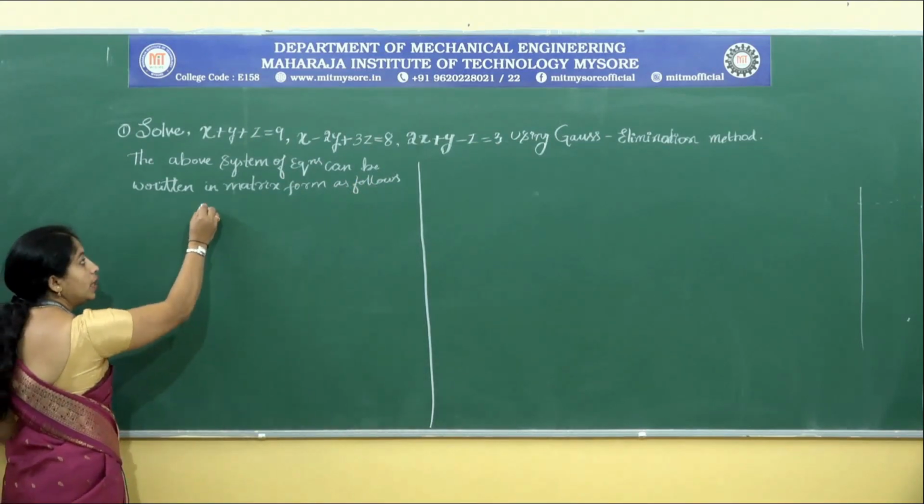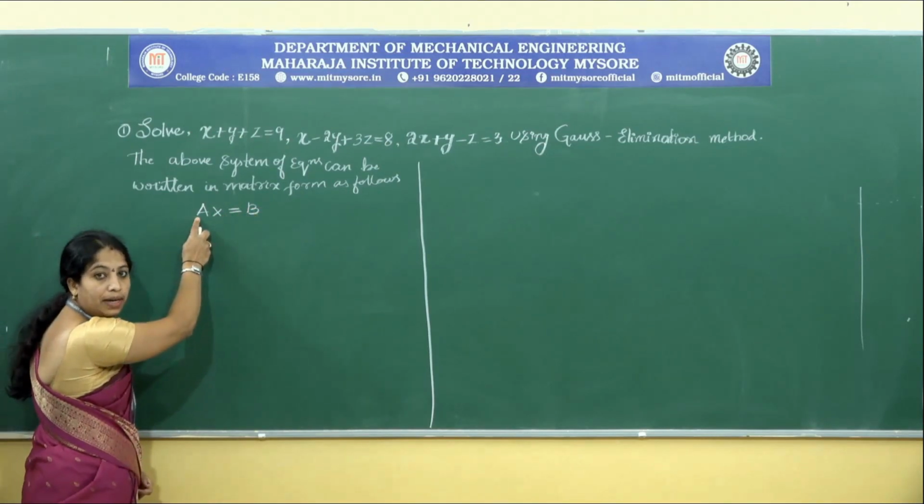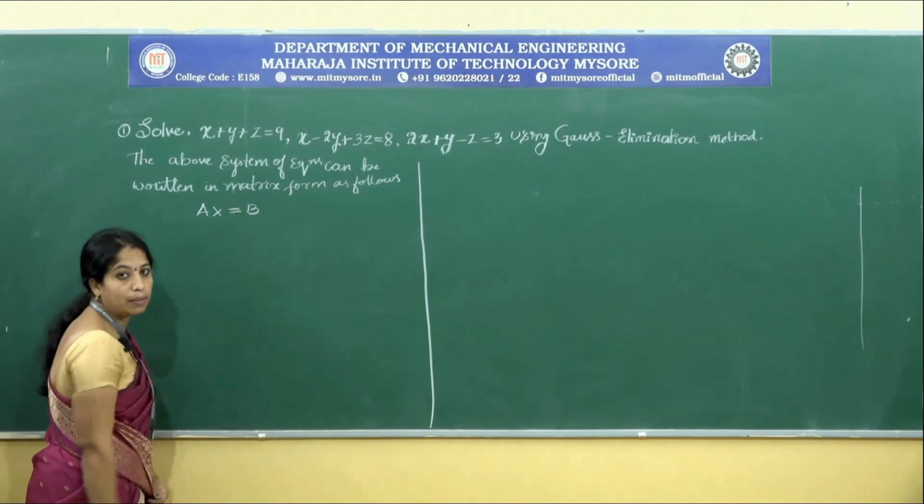The matrix form is Ax equals B. Here A is the coefficient matrix, X is the matrix of unknowns, and here B is the constant matrix.